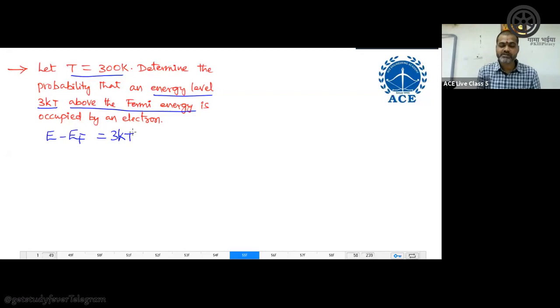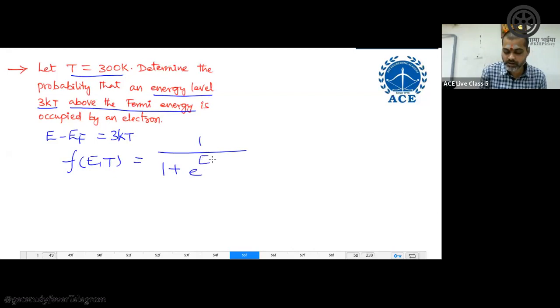We know the formula for the probability that a particular energy level is occupied: F of E comma T is equal to 1 over 1 plus e power (E minus EF) divided by kT.